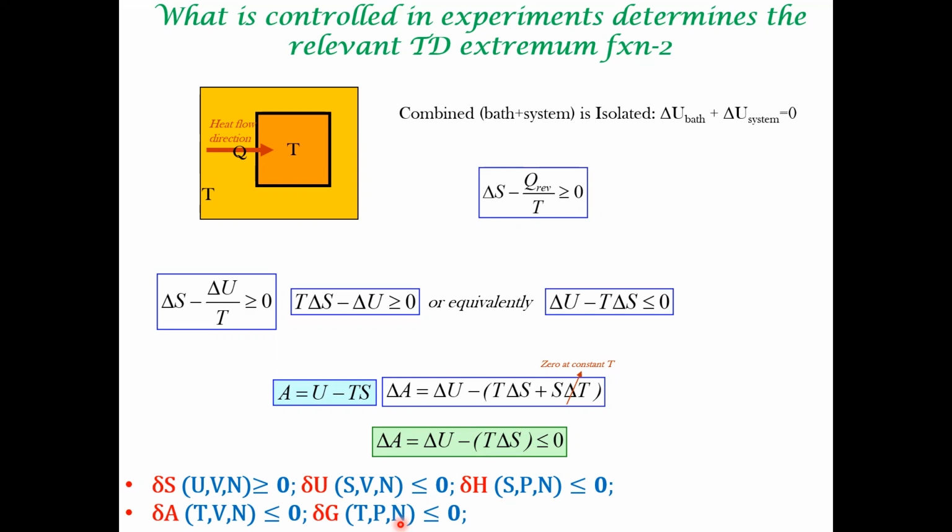In what way are they natural to the system? At equilibrium, they take an extremal value. So that is the central reason why we are using 5 different thermodynamic state functions to describe the different ways of doing an experiment.